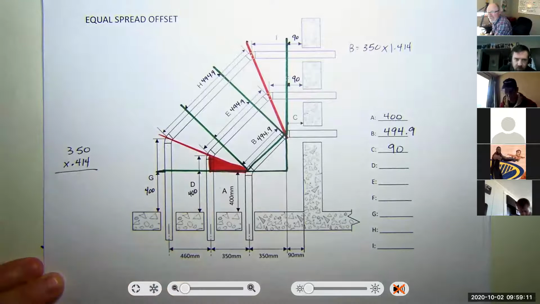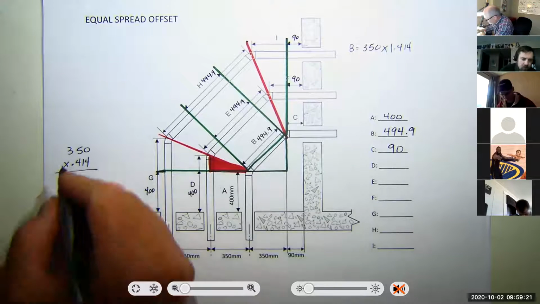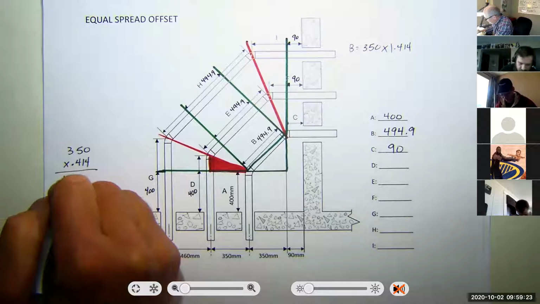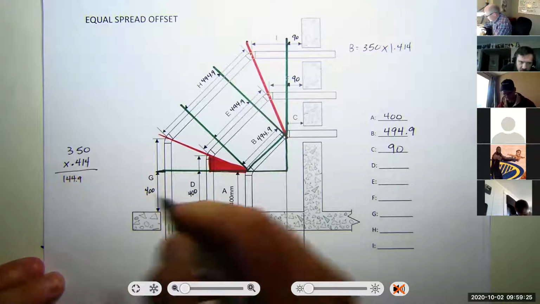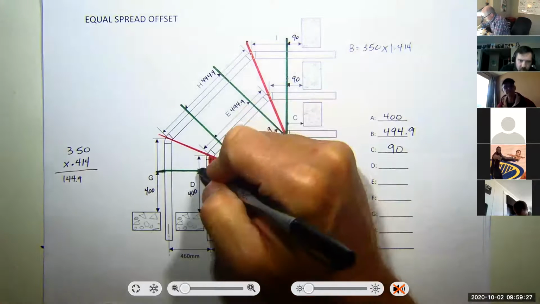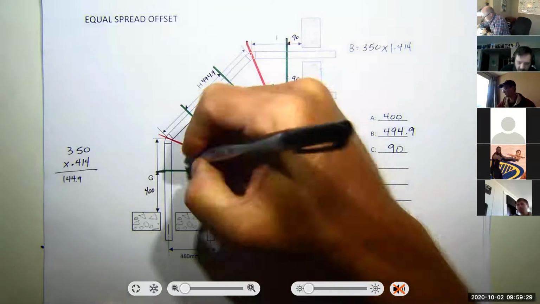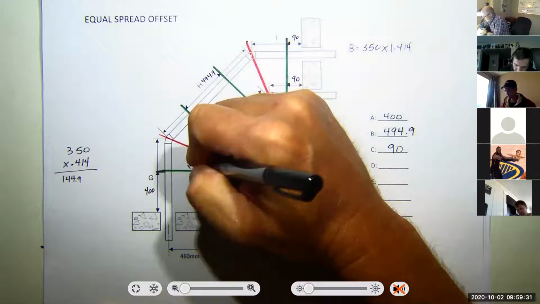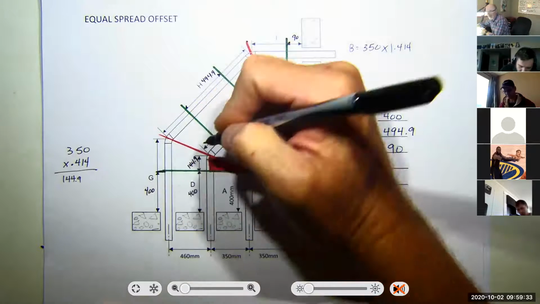That is the tangent of a 22.5-degree right angle triangle. So I'm going to go 350 times 0.414. That equals 144.9. So this measurement right here is 144.9.